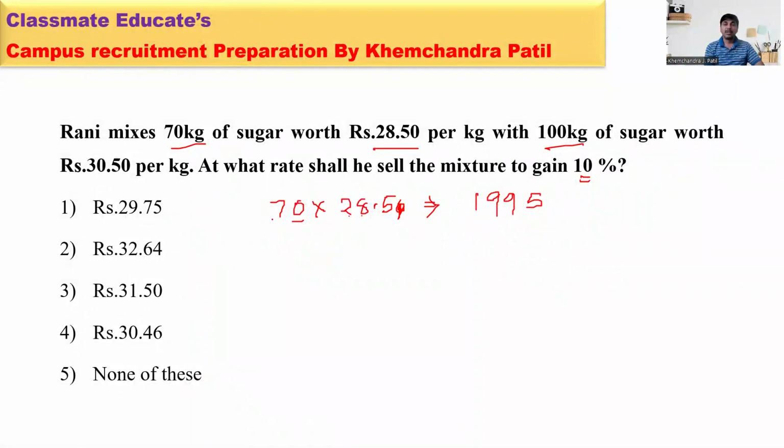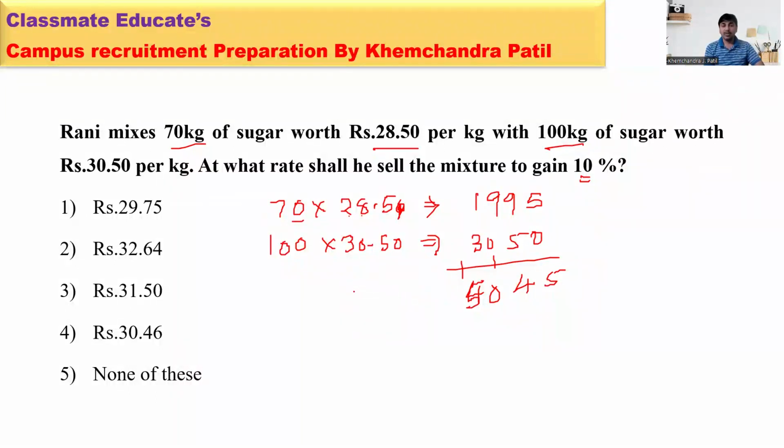So this is the total cost of 70 kgs of sugar, and 100 multiplied by 30.50 is nothing but 3050. So if I add this, this is 5045, the cost of 170 kgs of sugar, CP of.